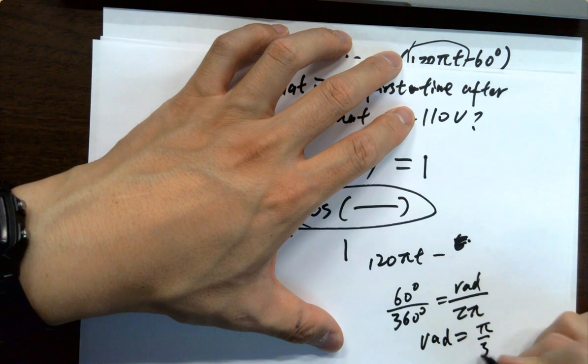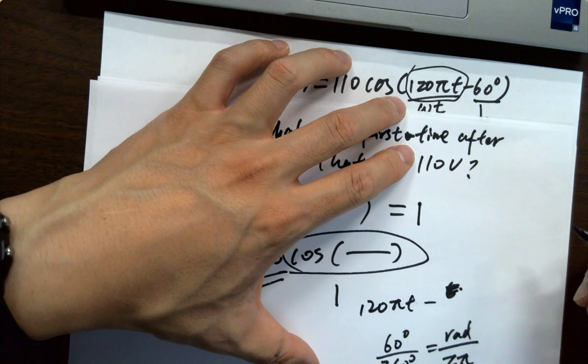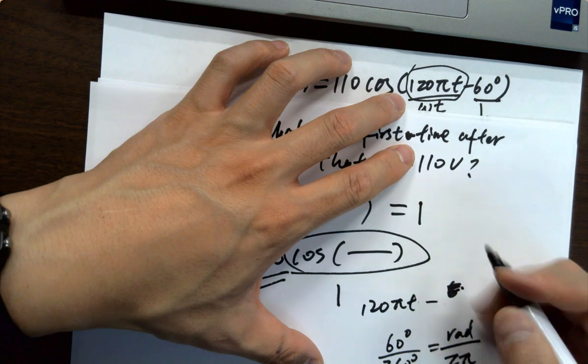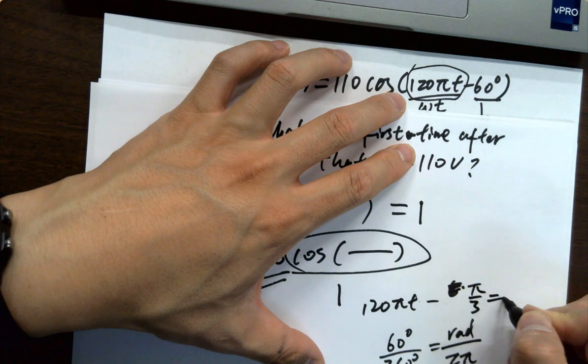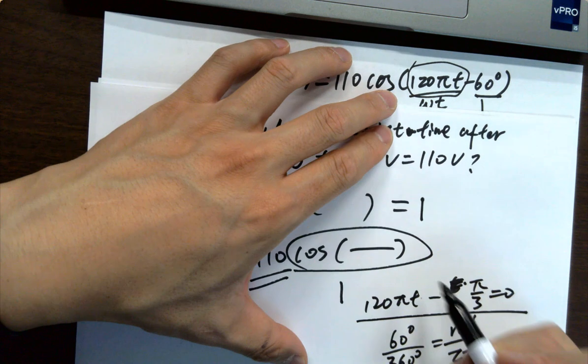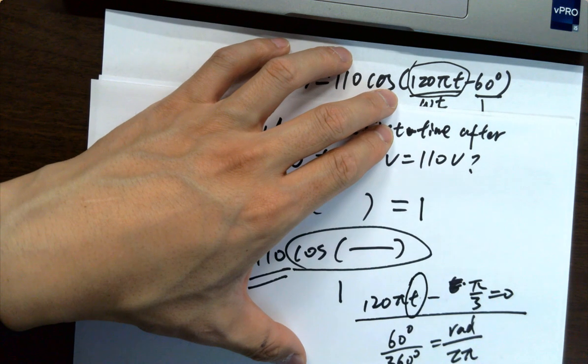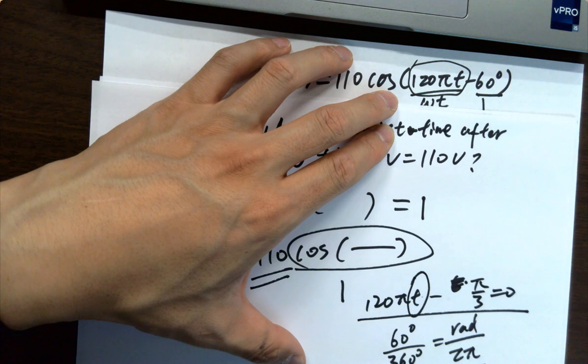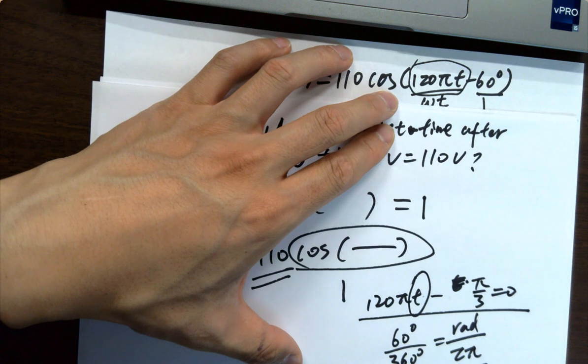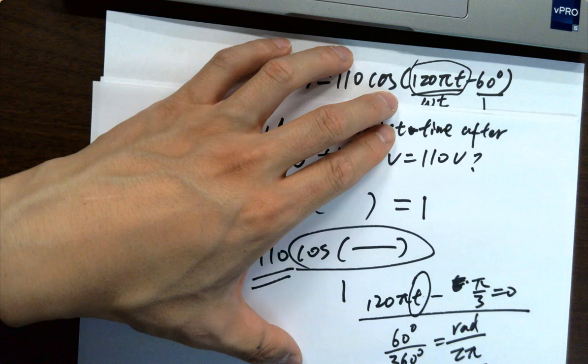Pi over 3? Okay? So you can find out t. Yeah, that's what I did.